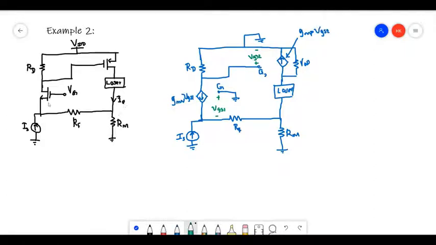And also if you look at the feedback network, you can say what the topology is. So here, using this resistor, we sample this current in series, right? So that means this resistor will generate a voltage here at this point, let's say Vp, which is proportional to this output current, right?